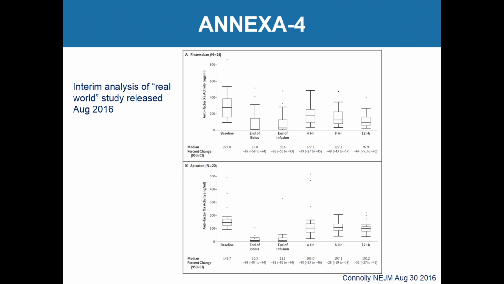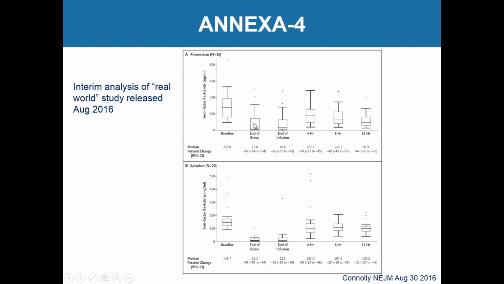The results of this study, as I mentioned, were published in August 2016. Again, a real-world study, and you can see, similar to the study in human volunteers, the anti-factor Xa activity baseline here for patients who took rivaroxaban or apixaban in the graph below, with the average activity level prolonged above normal.